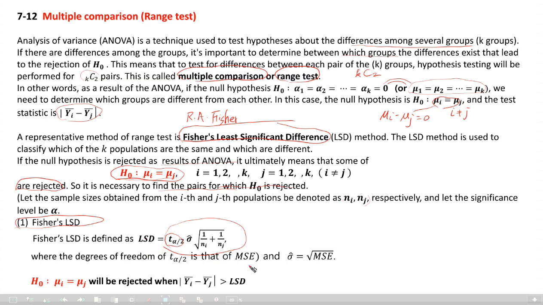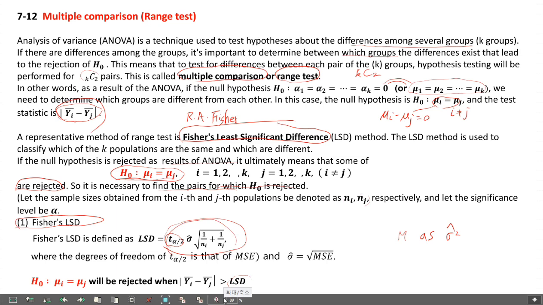What is MSE? We got MSE as sigma square hat, so sigma hat is the square root of MSE. You get the degrees of freedom from the ANOVA table, and H0: mu i equal to mu j will be rejected when the test statistic is greater than this Fisher's LSD value. Then you reject H naught.